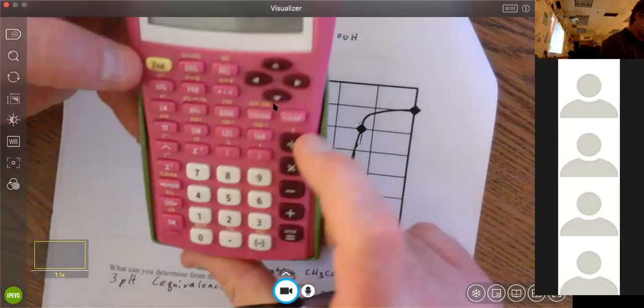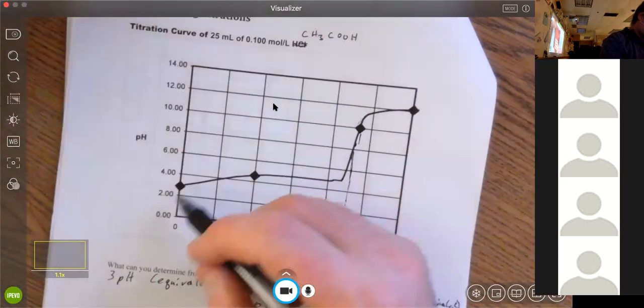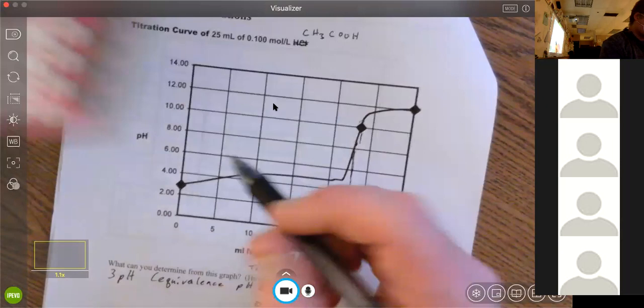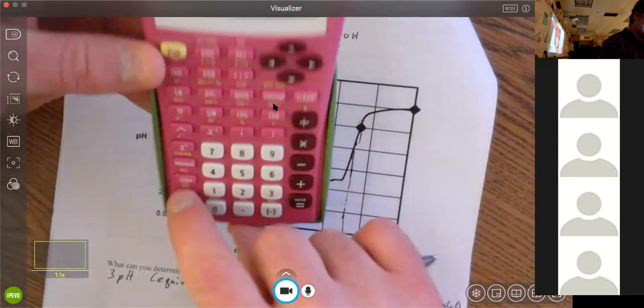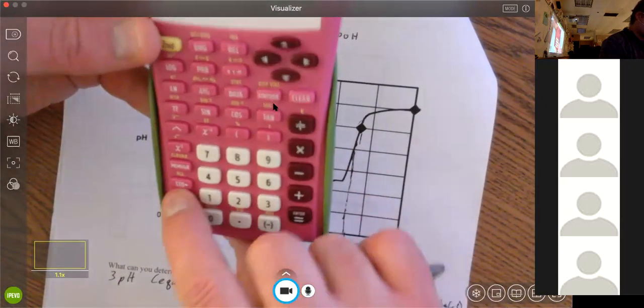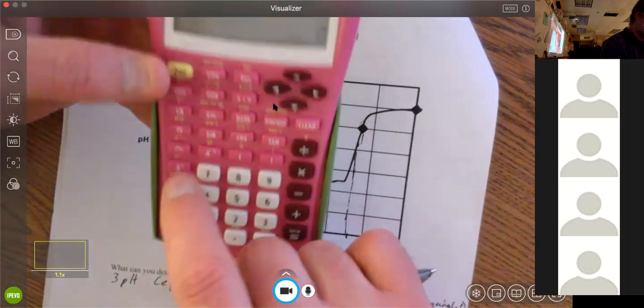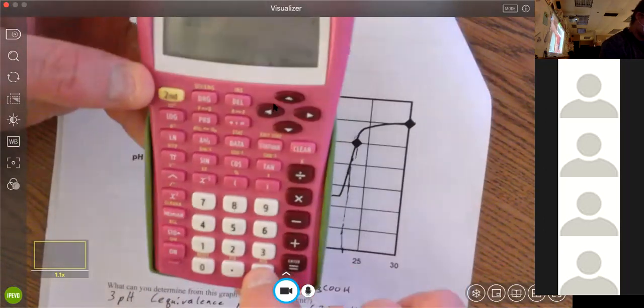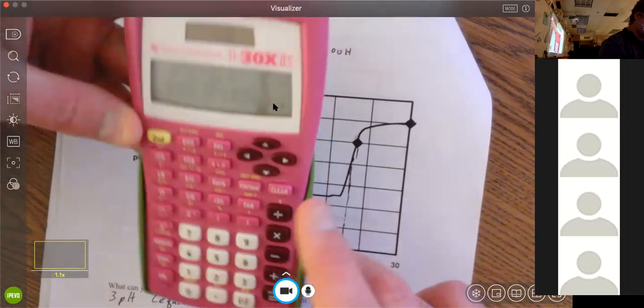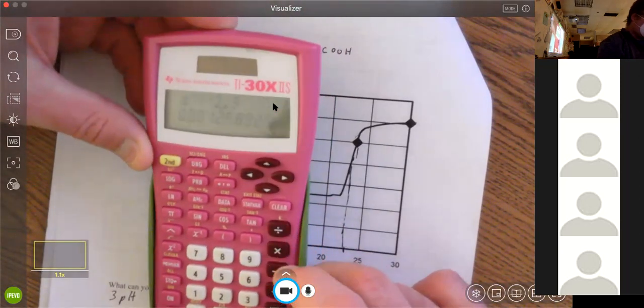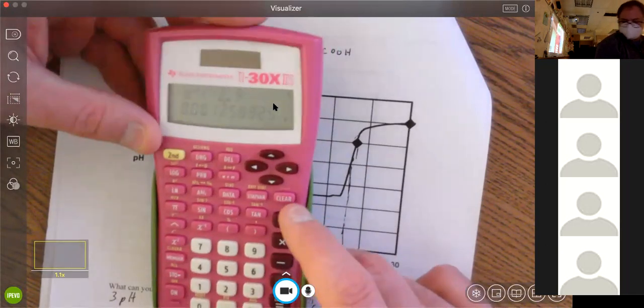If we take, what's that, 3, I'm thinking 3 is here. I'm going to go with 2.9. We take the antilog of negative 2.9. We find we get 0.001.